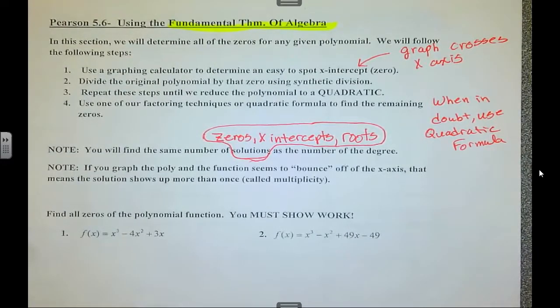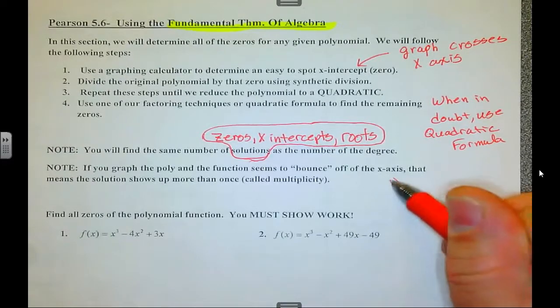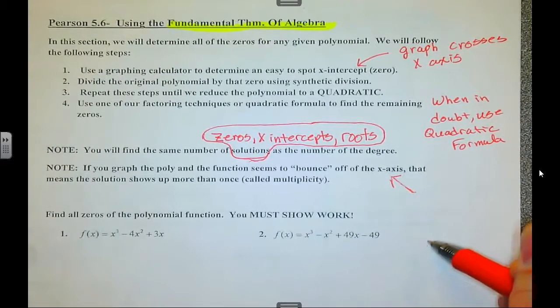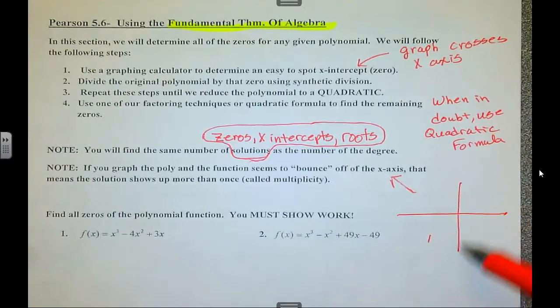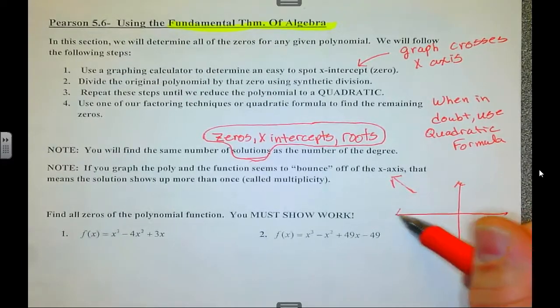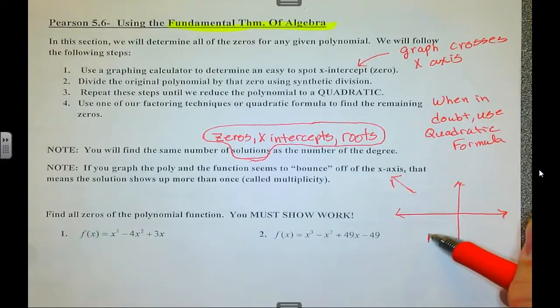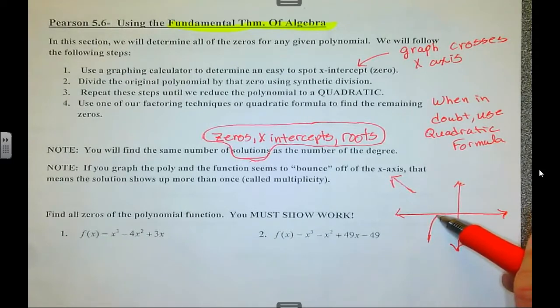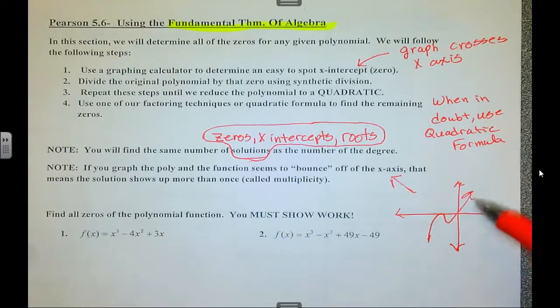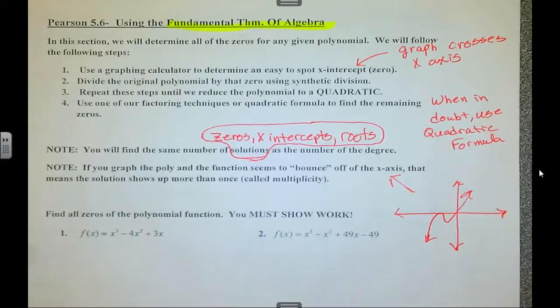Sometimes the graph, if I have an x and y axis, sometimes it seems to bounce off. It may look like it bounces off the axis. Sometimes there are two intercepts there.